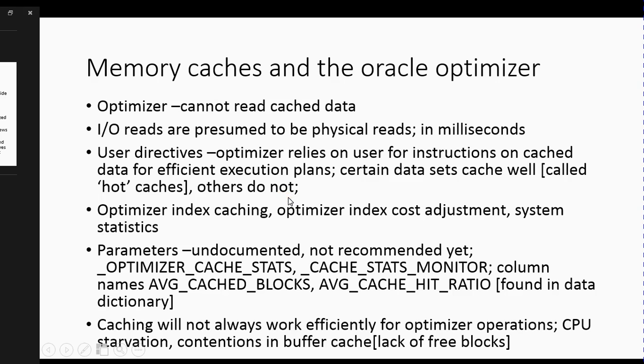Those are the basic points. You can also directly optimize it to figure out which execution plan works best based on the statistics I gathered for the right type of cached raw data. So in terms of the optimizer, basically just index caching.